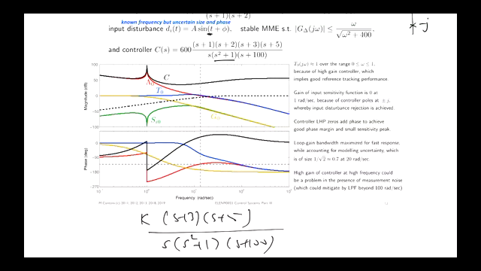So these guys have an effect first, right? And you can see that this is giving us the infinite gain at low frequency. This guy is giving us the infinite gain at 1 radian per second.